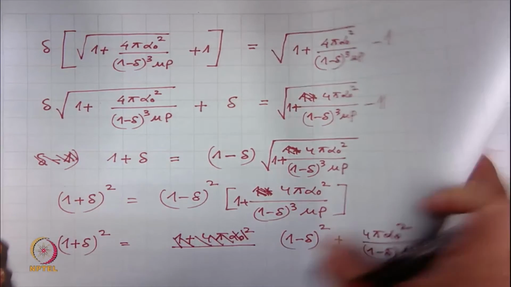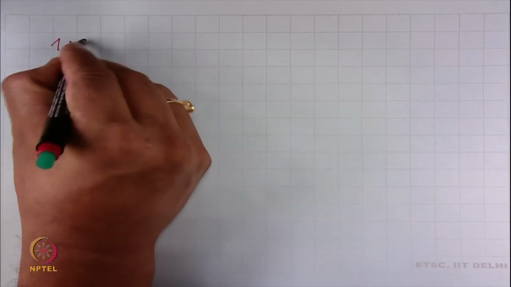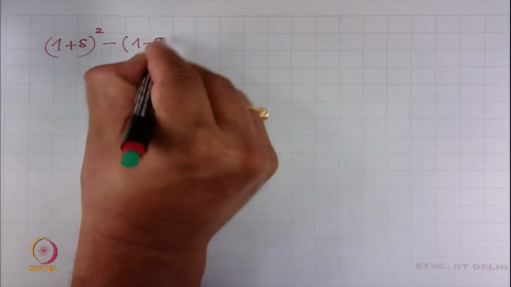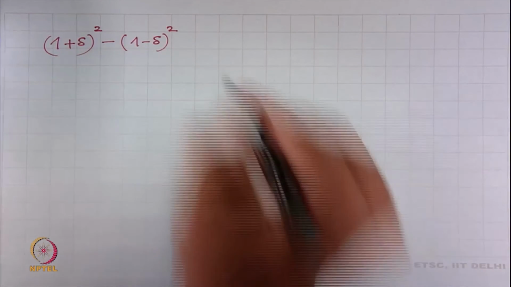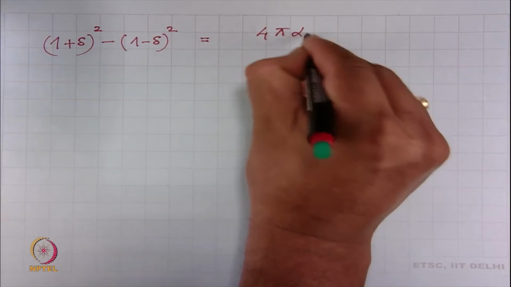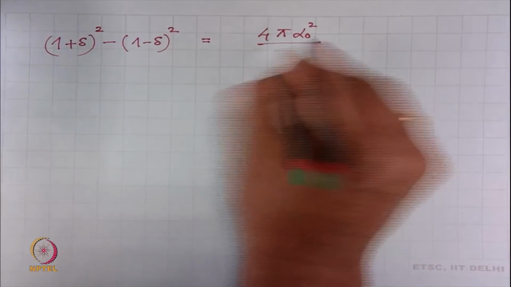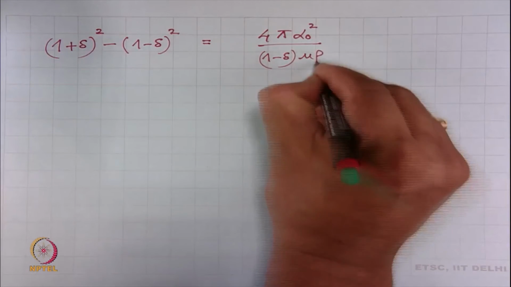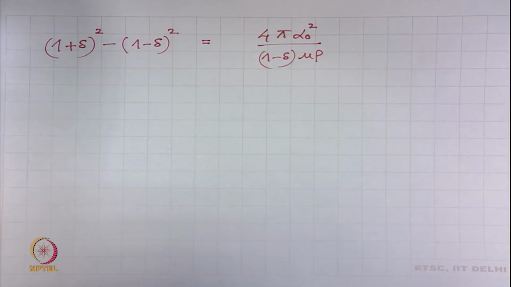Then 1 plus this square minus 1 minus this square is equal to 4 pi alpha naught square 1 minus mu into rho, right.